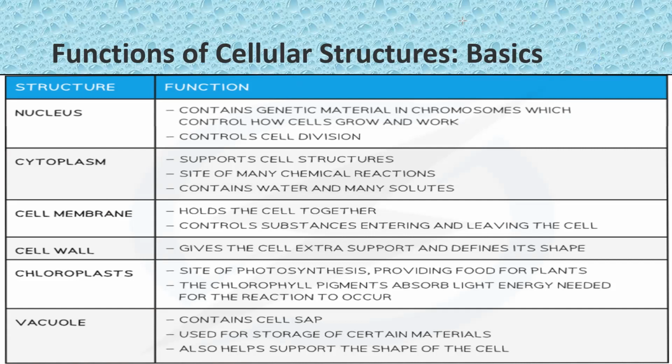Then chloroplast, site of photosynthesis, providing food for the plant. So what is photosynthesis? We will learn it after that, but I will give you a small idea about it.